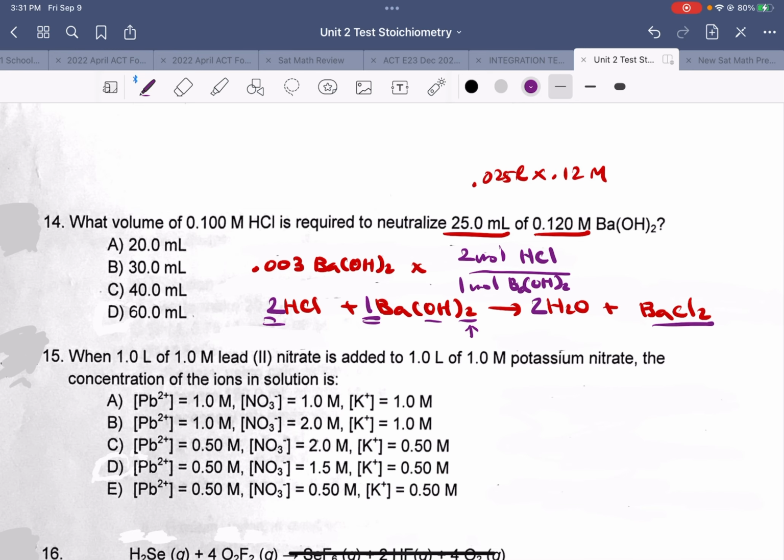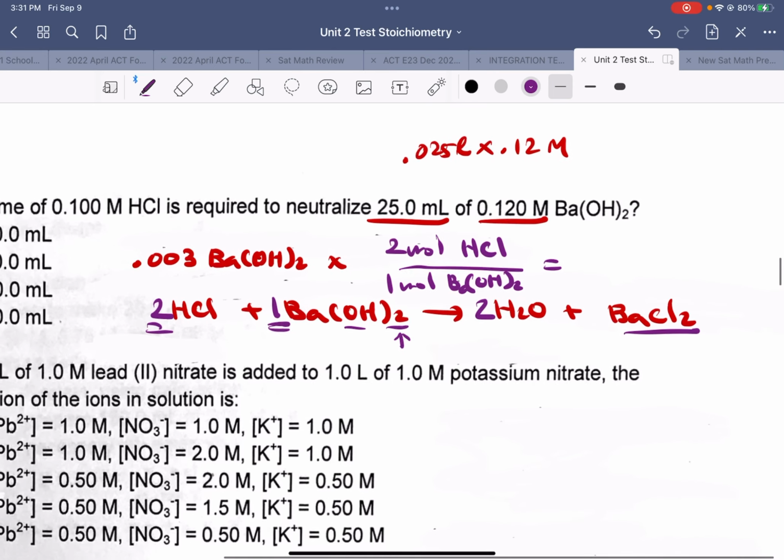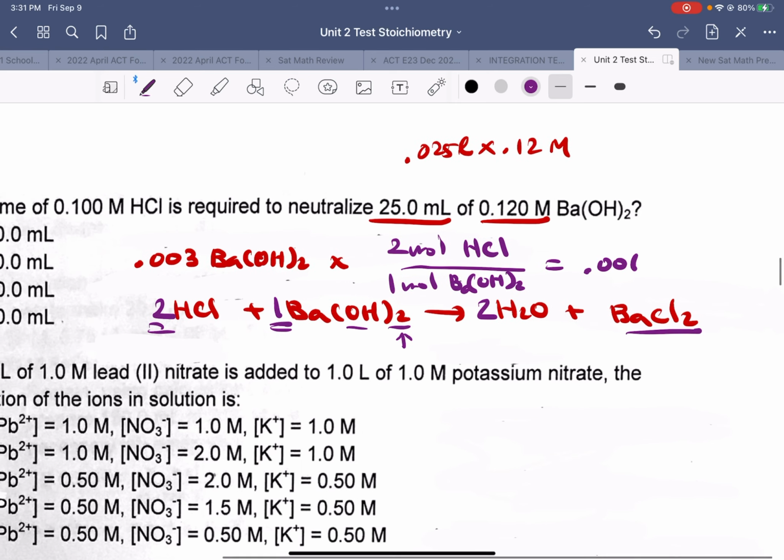Okay, so then when you multiply, how many more of hydrogen chloride you're gonna have? So when you multiply, then 0.006 more of HCl. Okay, now you have a 0.1 molarity HCl, right?